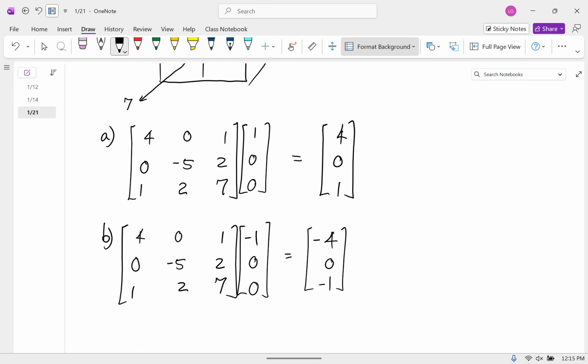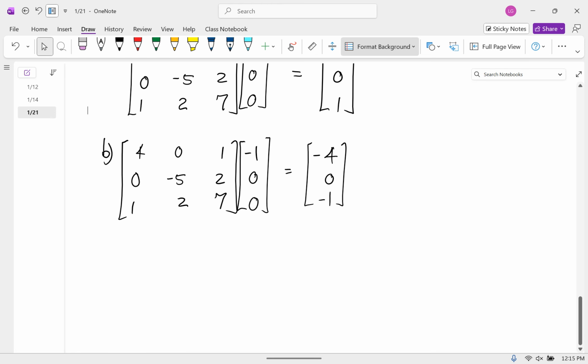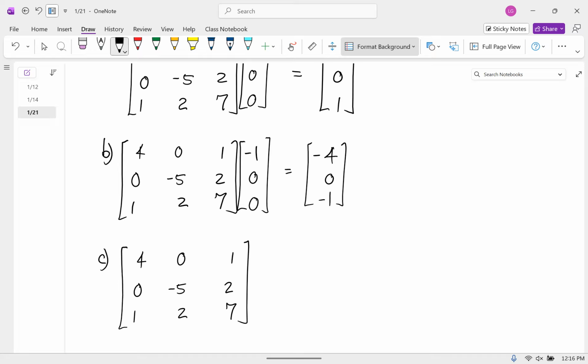Okay. So now we'll do one more, the negative z face. So we have 4, 0, 1, 0, negative 5, 2, 1, 2, 7. The outward facing normal is 0, 0, negative 1. So we get negative 1, negative 2, negative 7.